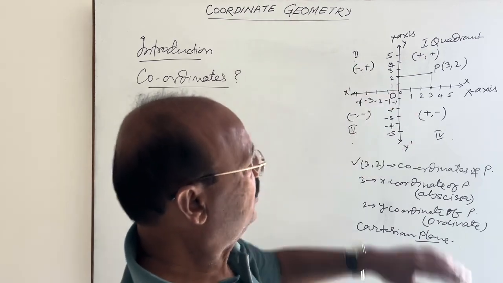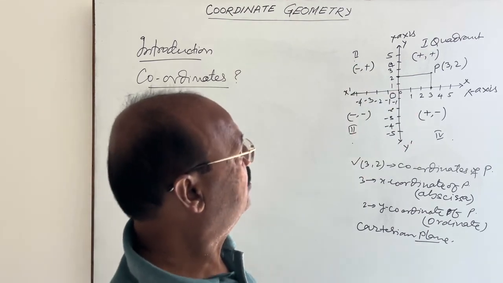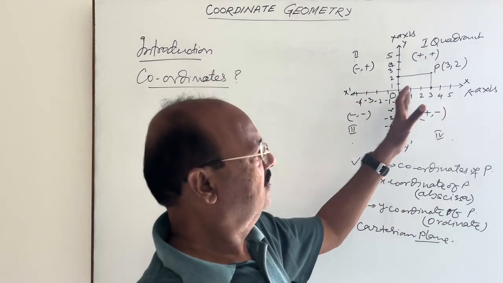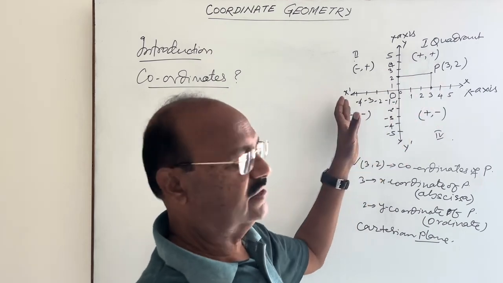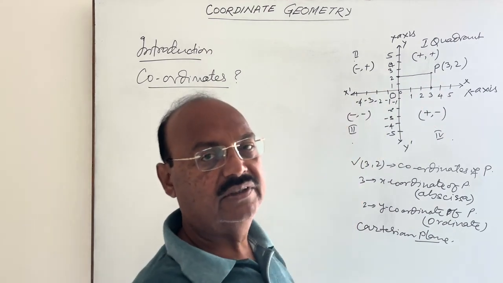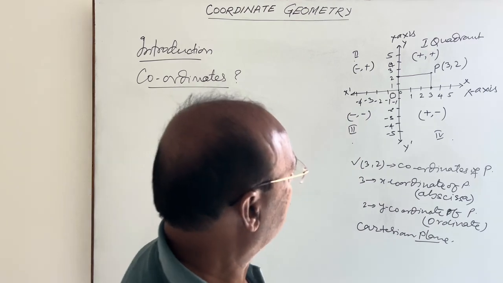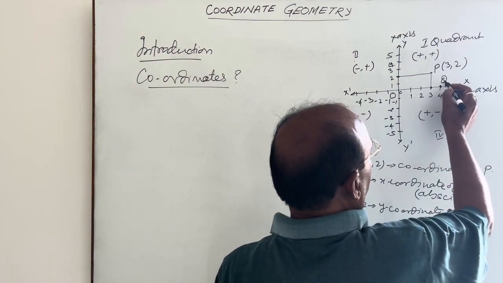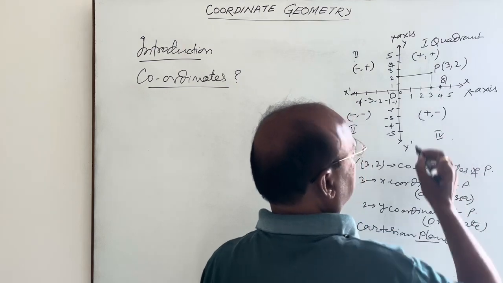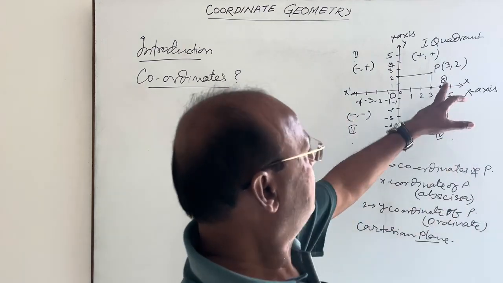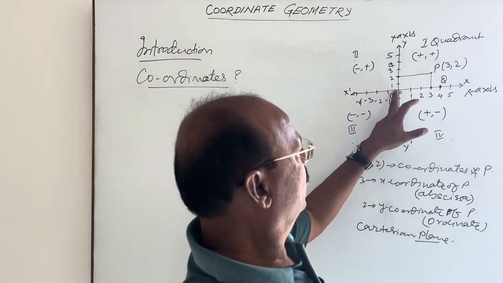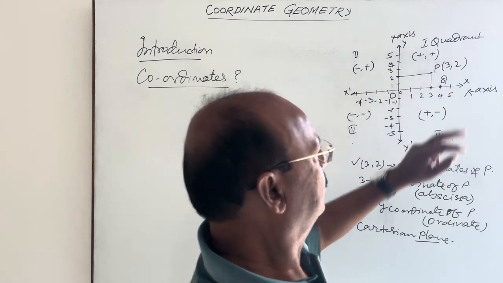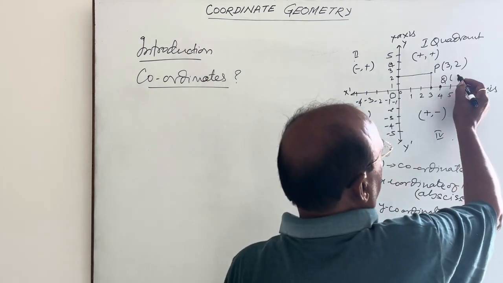Again, this is important to note that for all the points on the x-axis, the y coordinate will be 0. Suppose you take any point, suppose you take point Q here. So the distance of this point Q from origin is 4. So x coordinate is 4.